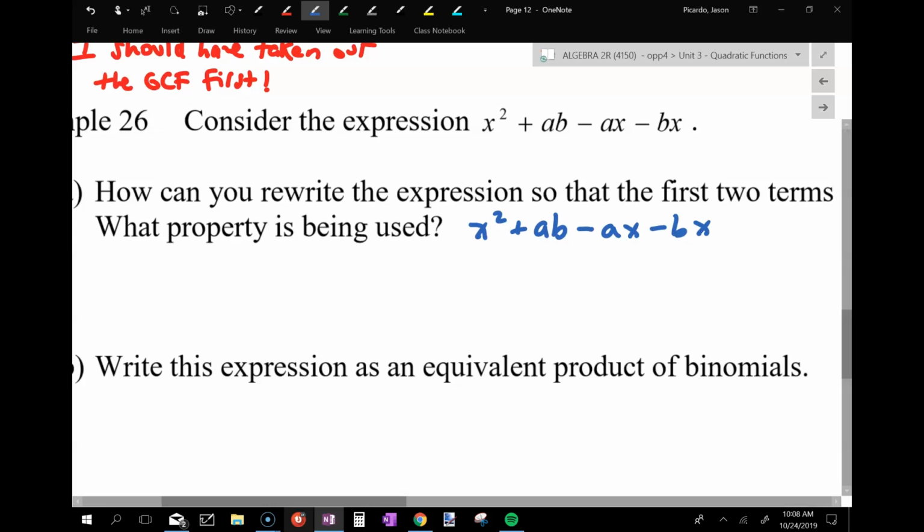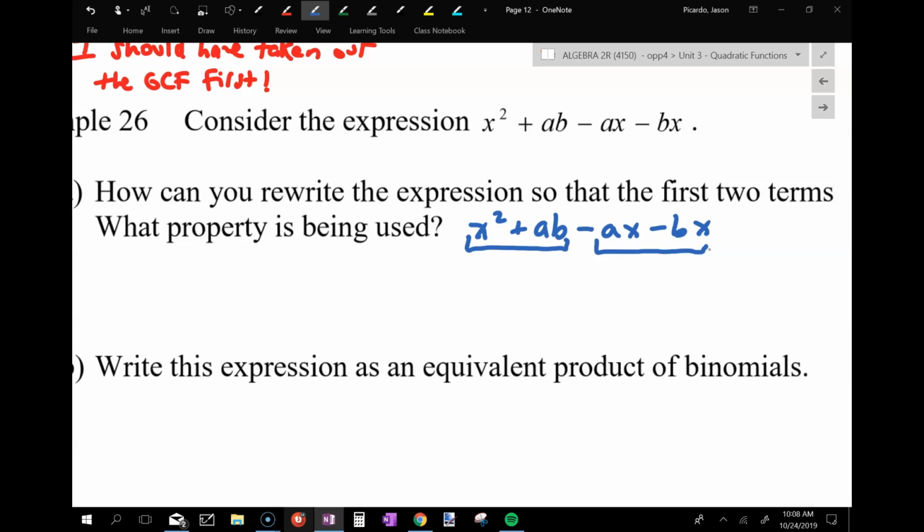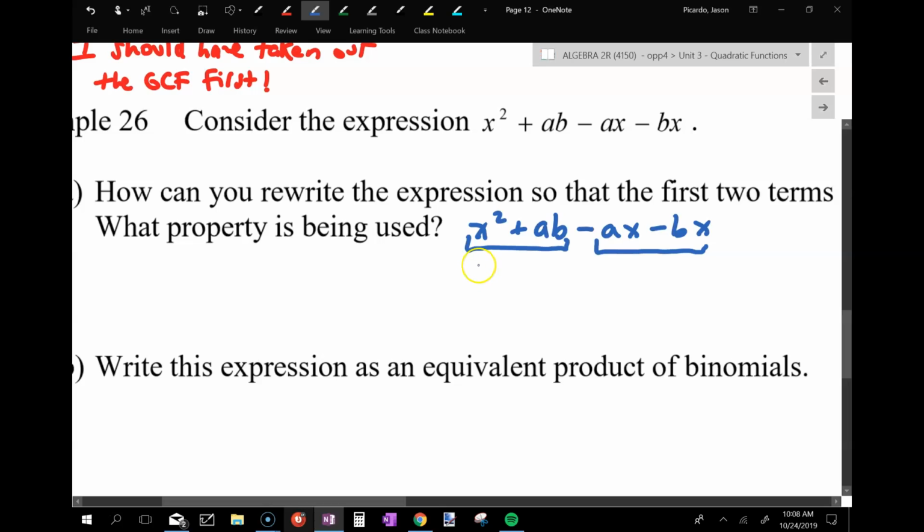Now notice something, guys. If I group it this way, look at the first 2 terms. What's the problem? There's no GCF here, is there?